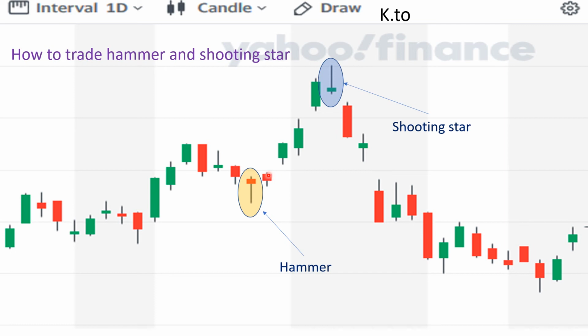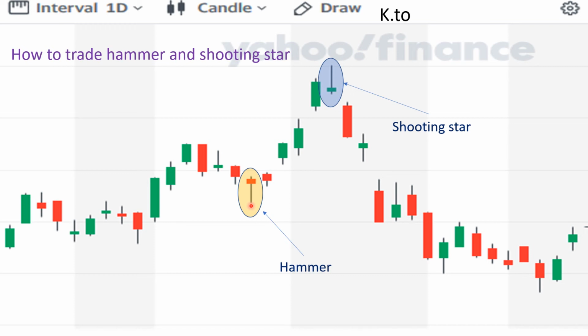As soon as the next candle passes the close price of this hammer, they can enter the market and put their stop loss maybe 1 or 2 ATR below the low of this hammer. So that is how we can trade hammer and shooting star.